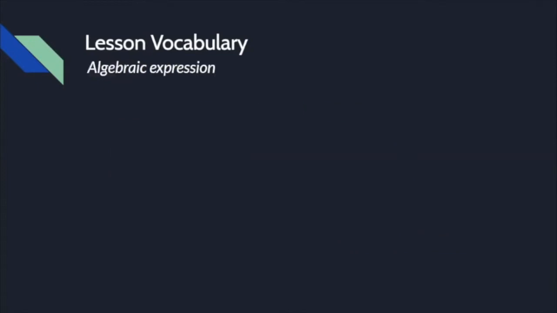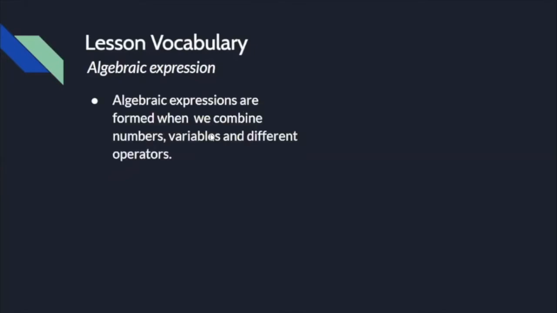The next vocabulary word combines the ideas of numerical expressions and variables. They are called algebraic expressions. The word algebraic has the root word algebra. So they're sort of like numerical expressions, except this time we have some algebra ideas or variables included in the expression. Here's an example. 9y plus 5x plus 8.